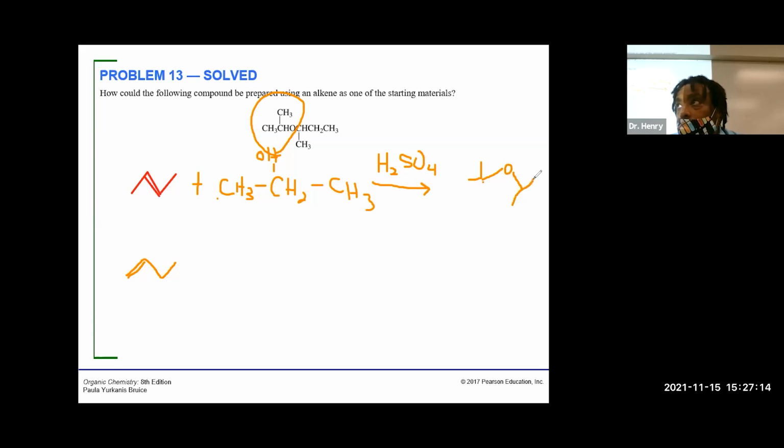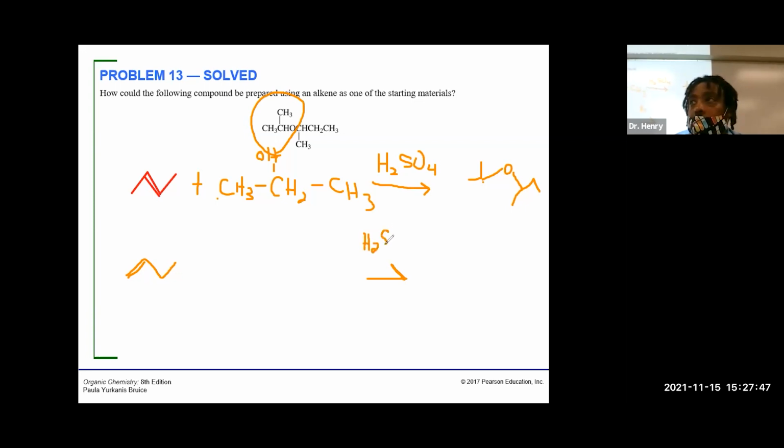That's 2, 3. 1, 2, 3, 4. Okay. And that's what we're going to get if we use either of these two structures. We're going to end up with the same thing. We have to use the same catalyst, and we have to use the same alcohol, sorry, not methanol, the isopropanol.